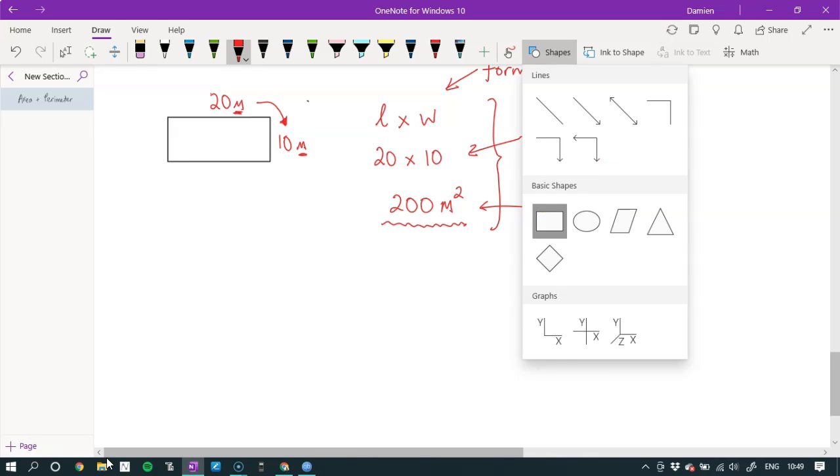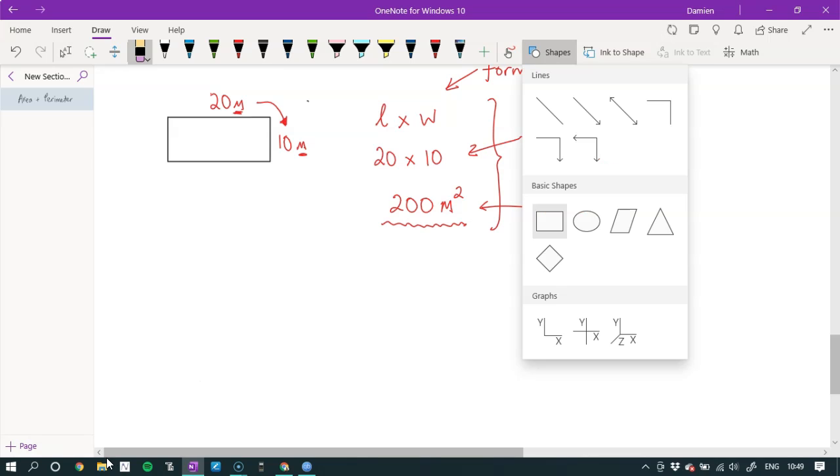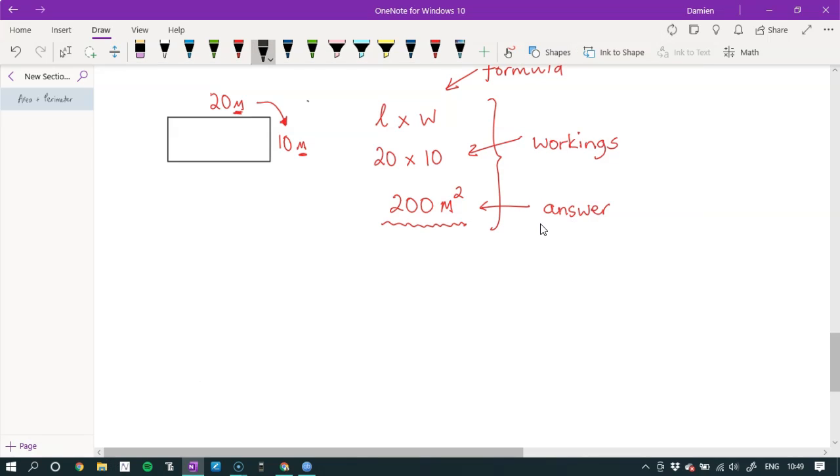If you take a square, again, it's going to be exactly the same thing. The only difference with a square, let me see, let's try and draw a proper square. There we go, that's better. So in a square, all the sides are going to be the same length.